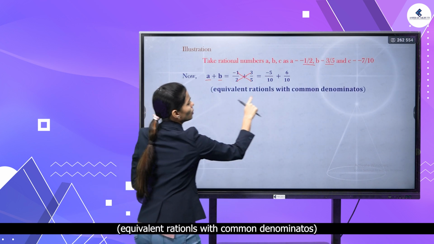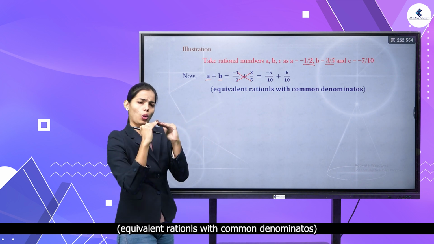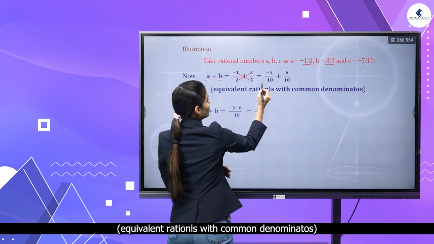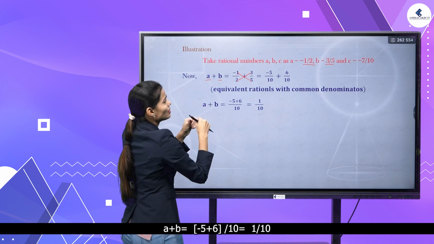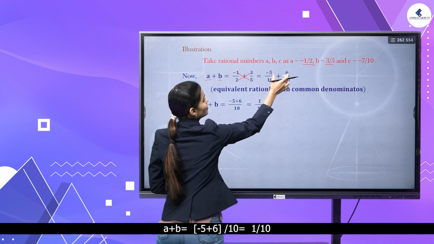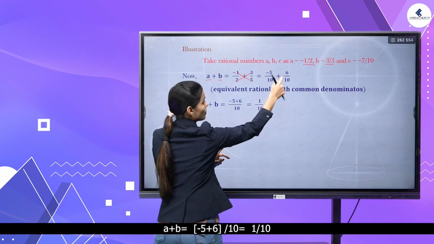Equivalent rationals with common denominators. A plus b is equal to minus 5 plus 6 by 10 is equal to 1 by 10.